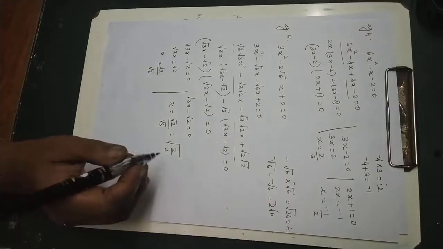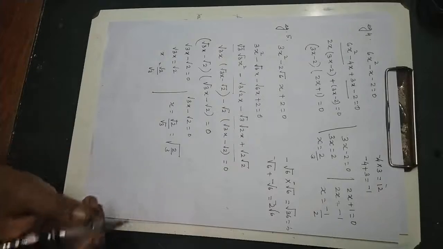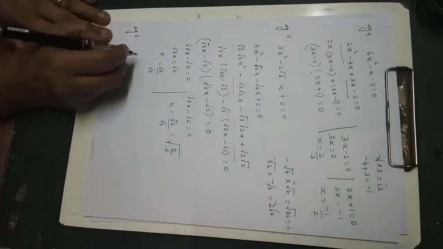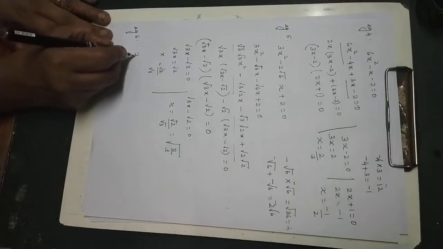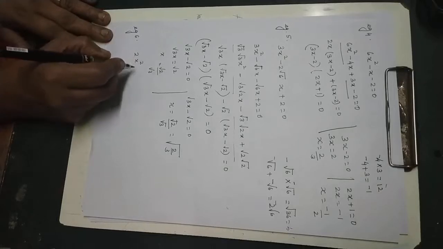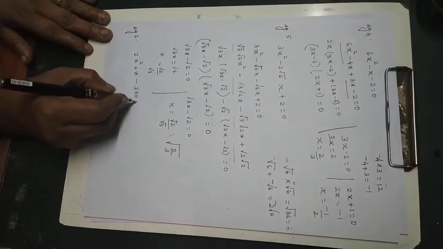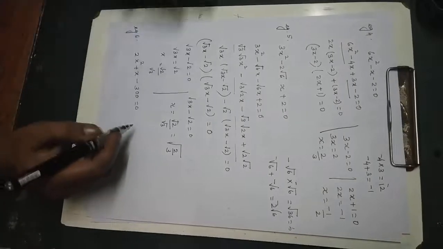So that equation they have given, example 6: 2x square plus x minus 300 is equal to 0.